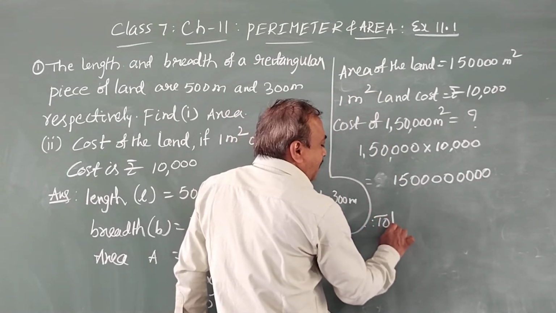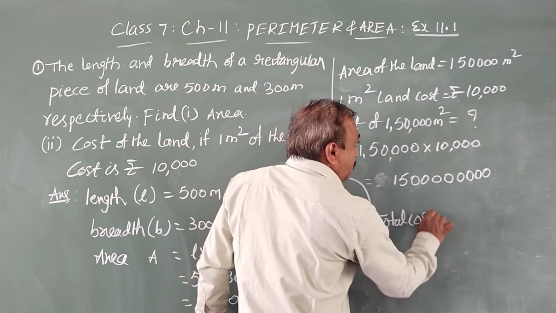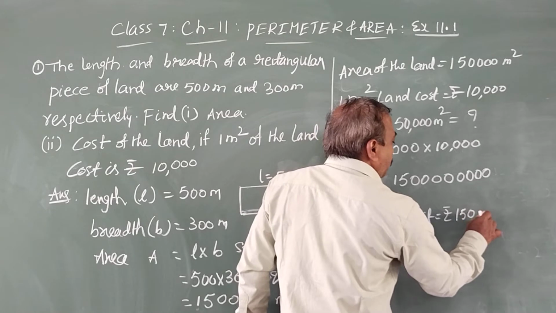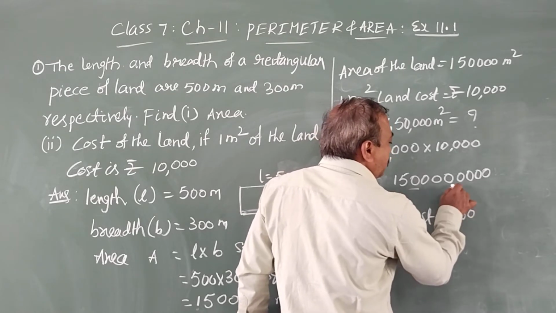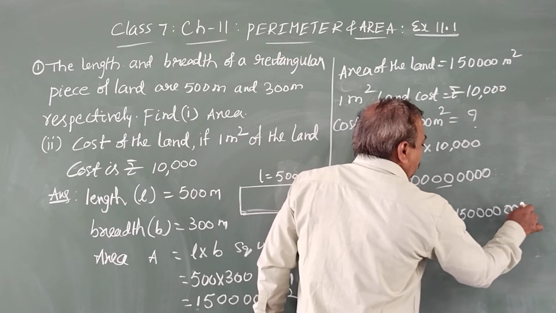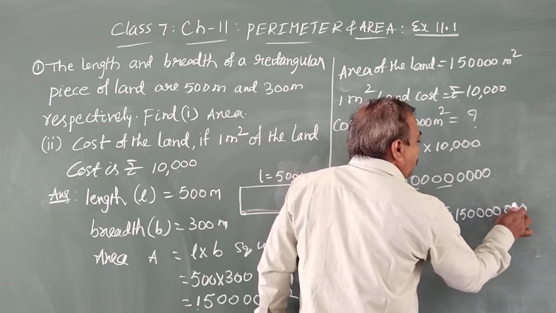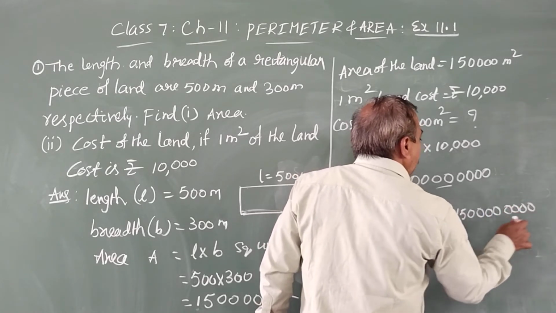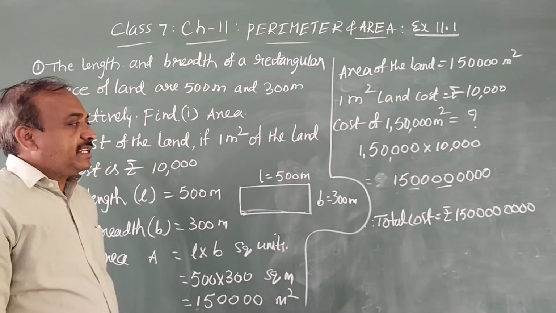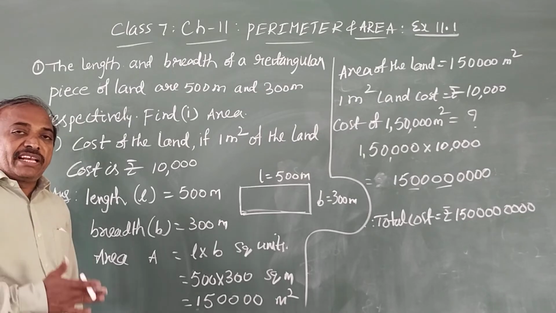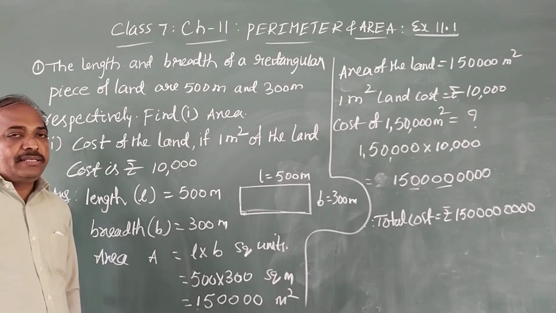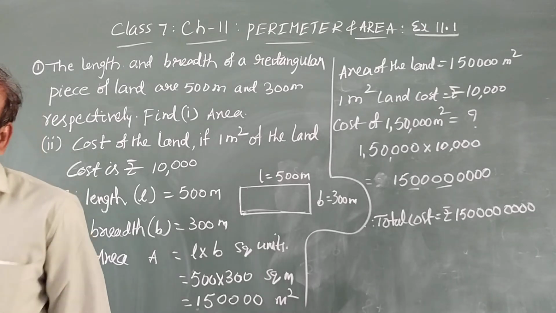Therefore, total cost rupees. Right. So that is the total cost. So first we are calculating its area, then we are calculating the cost. I hope it is clear to you.